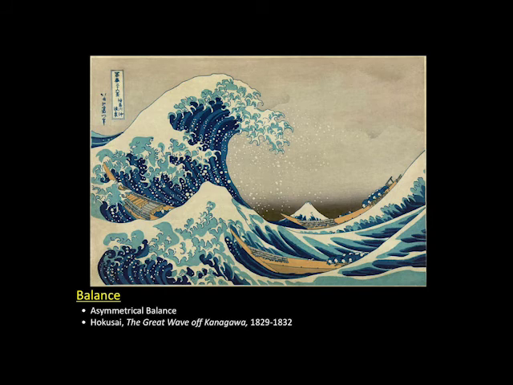Now, the other thing that you can use is something called asymmetry. In other words, both sides are not exactly the same. However, with an asymmetrical balance, you're dealing with things like positive and negative space, which we talked about in the last section when we were talking about shapes. We talked a lot about what is the positive space, what is the negative space, and how you balance them, like this famous woodcut from the Japanese artist Hokusai.